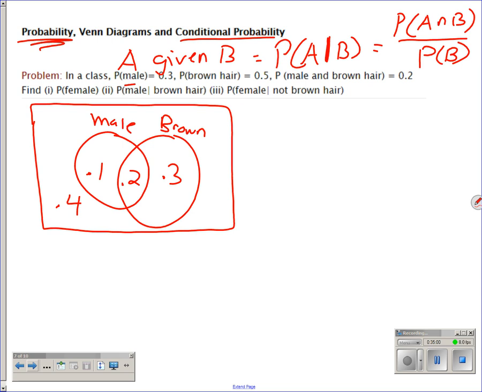Okay, so we've got all the probabilities figured out. Let's do the parts. First question: what's the probability of being a female? How do I figure that out?